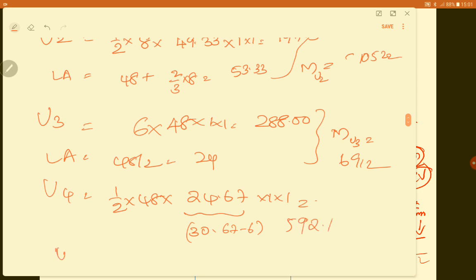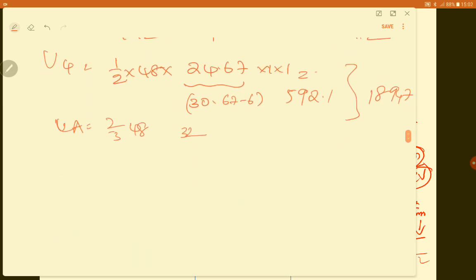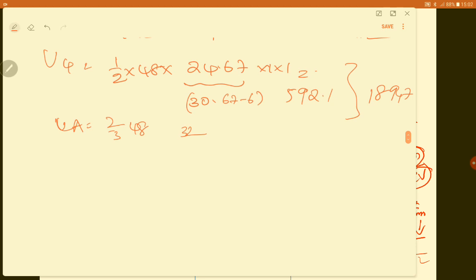What will be the lever arm there? The lever arm will be equal to 2/3 of 48. 2/3 of 48, 32 multiply, you will be getting it as 18947. Okay, so this is the uplift pressures.